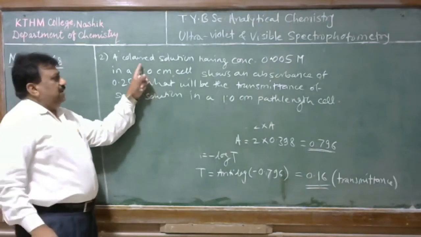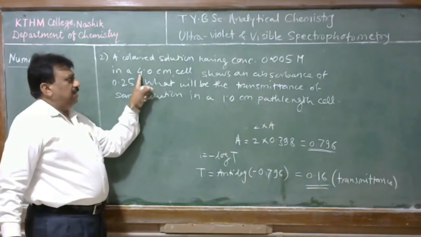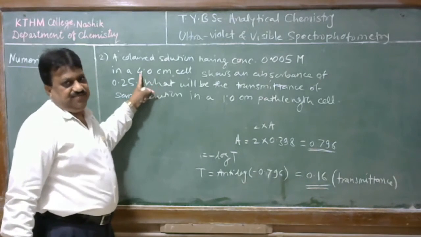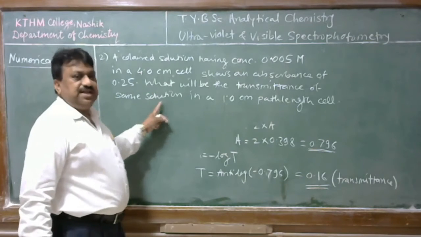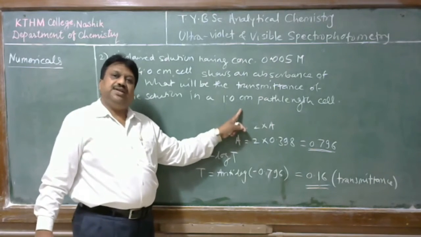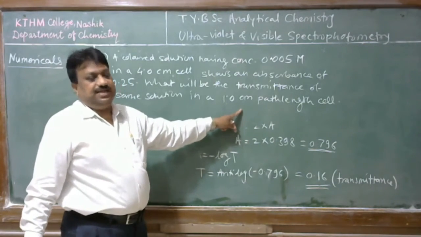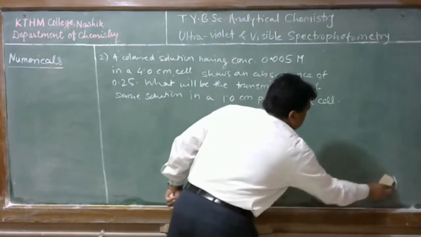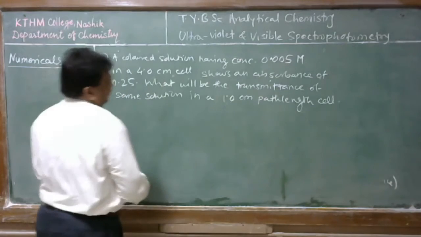Similar to the earlier problem, here absorbance is given in a 4 centimeter cell. We have to find the transmittance of the same solution when it is placed in a 1 centimeter cell. Therefore, initially we can have this relation.